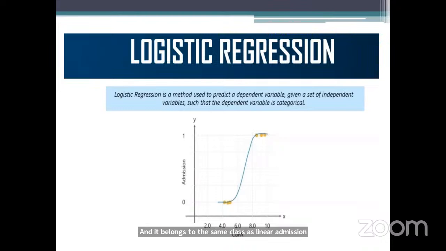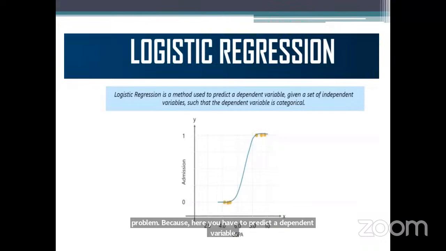Logistic regression is mainly used for classification problems, because here you have to predict a dependent variable which is categorical in nature.